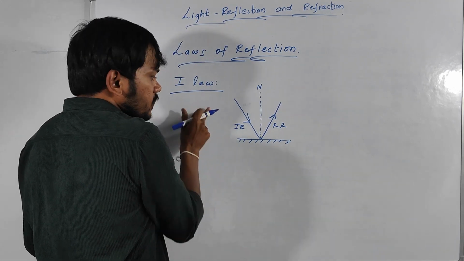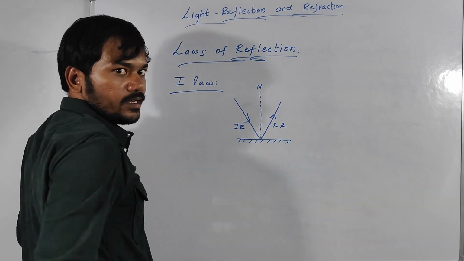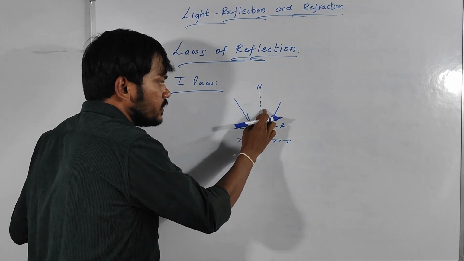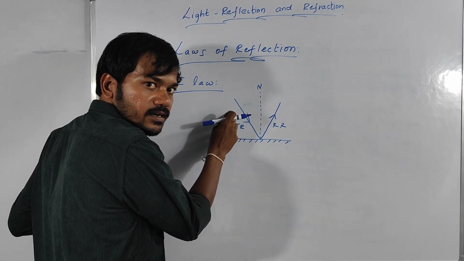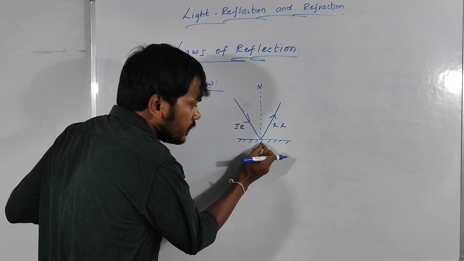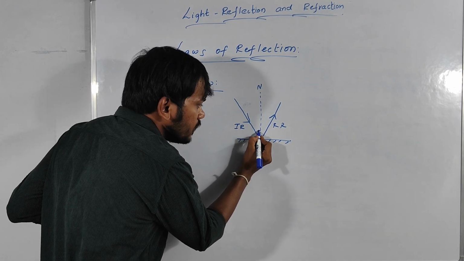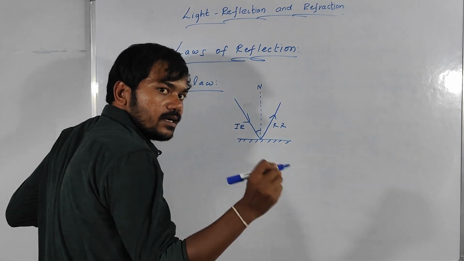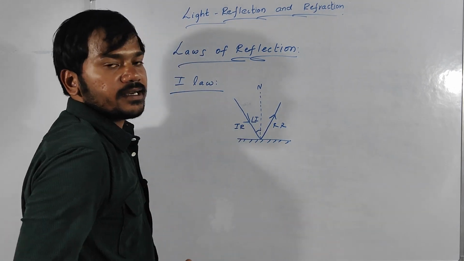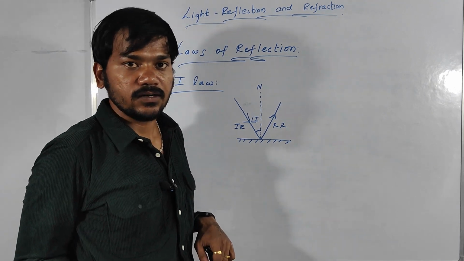The first law says the angle of incidence is equal to the angle of reflection. What is this angle of incidence? The reference and the incident ray meet at this point and are inclined to each other, and that inclination is said to be the angle of incidence or incident angle. Clear?